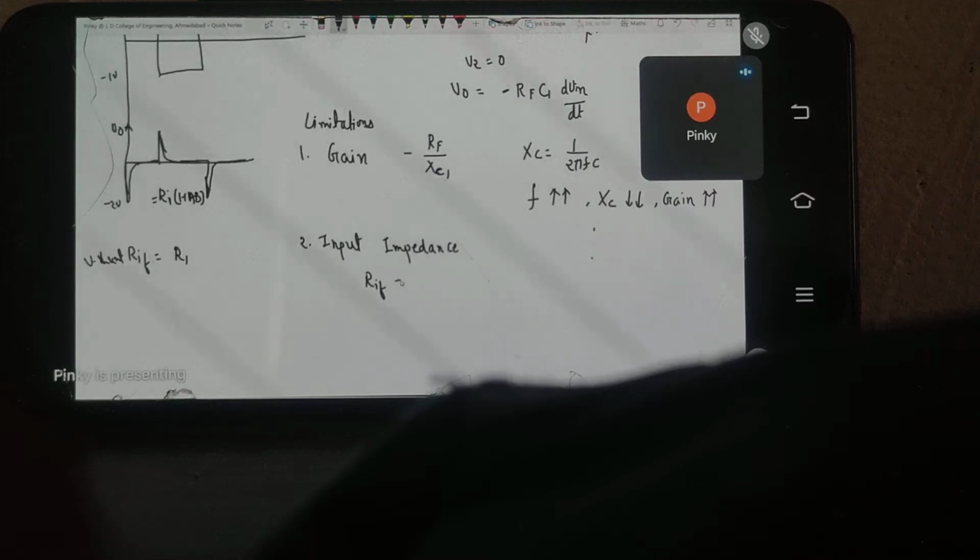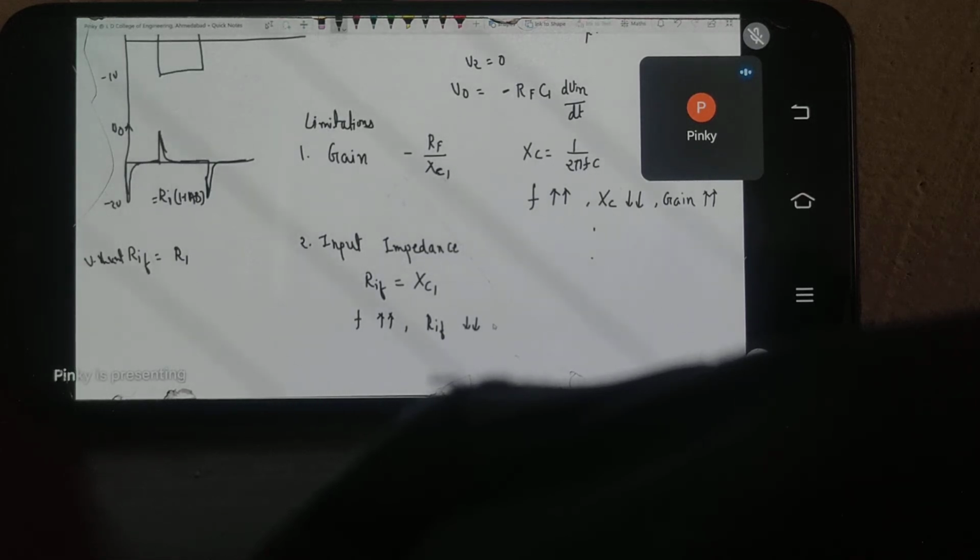Rif is simply the reactance of the capacitor. What will happen as the frequency increases? The reactance is going to increase or decrease? Decreases. So this input reactance is going to be decreased.